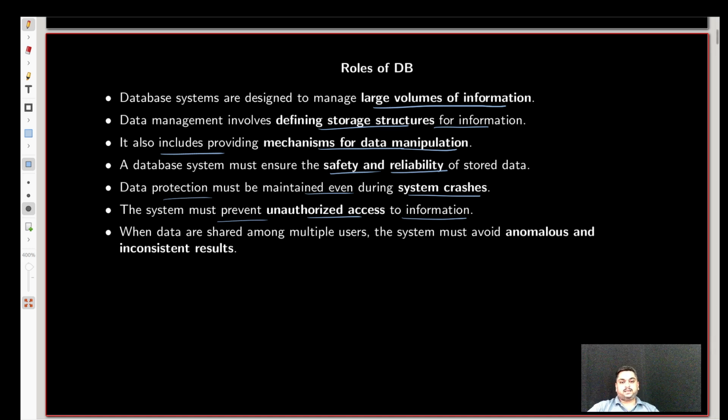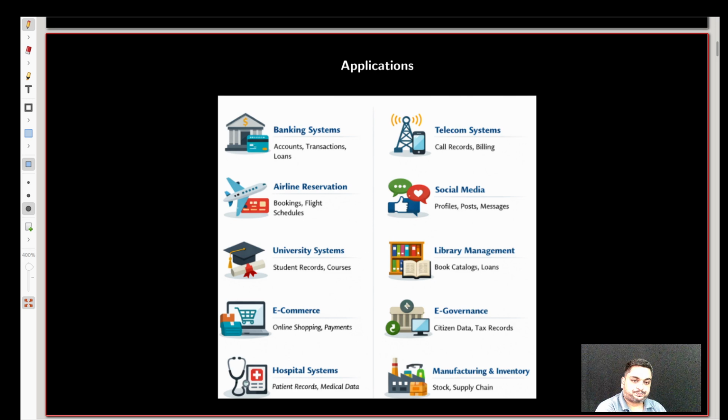And when data is shared among multiple users, the system must avoid anomalous and inconsistent results. This is the theory of database management systems we are going to learn. Unwanted data or inconsistent, wrong results should not occur. It should handle those things correctly.